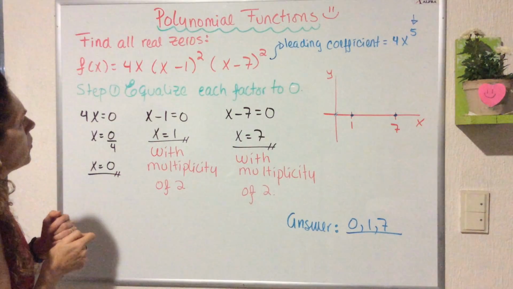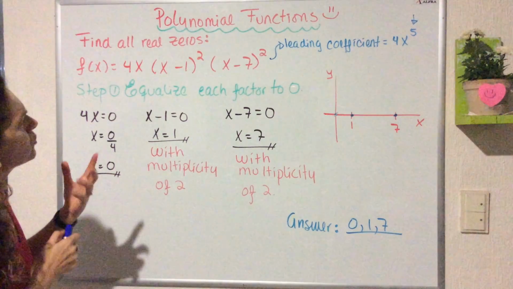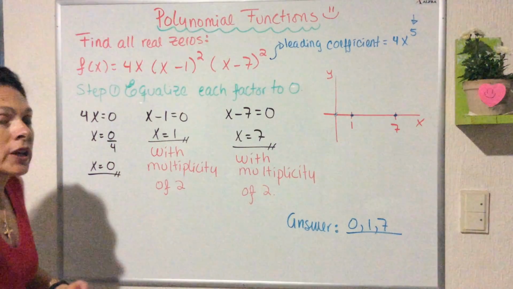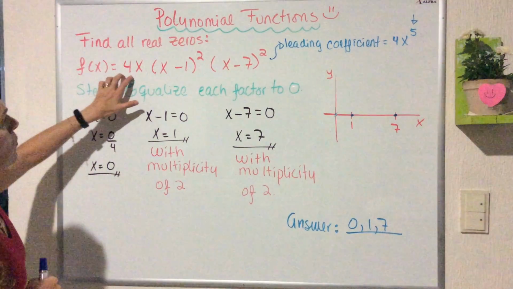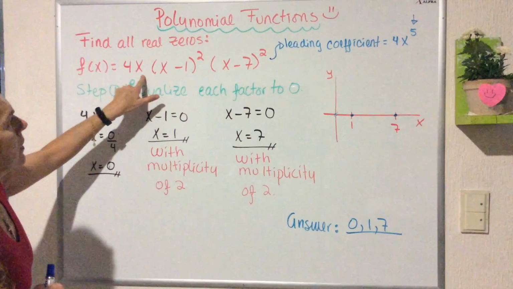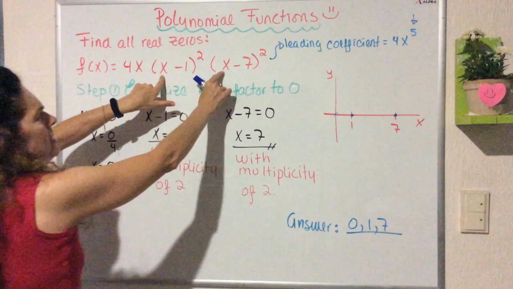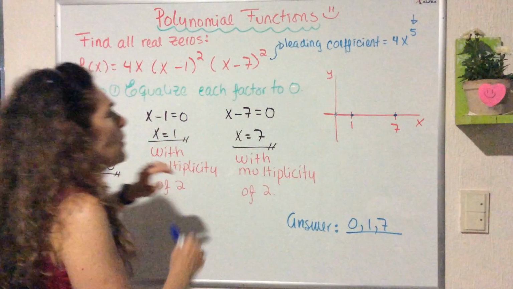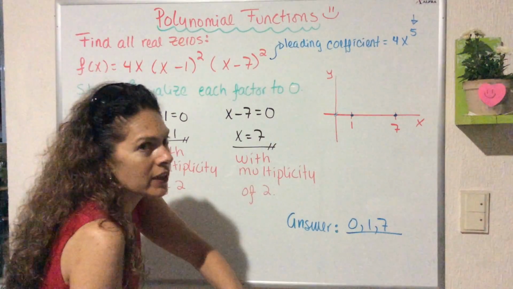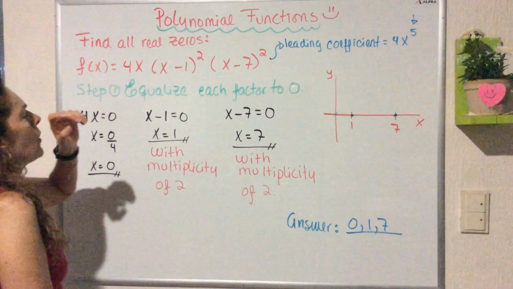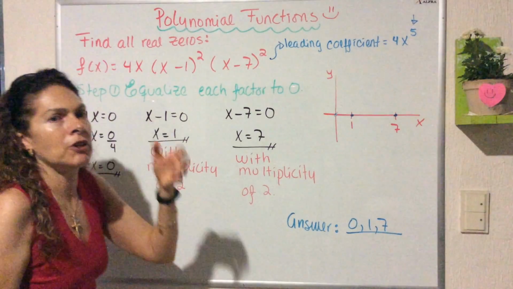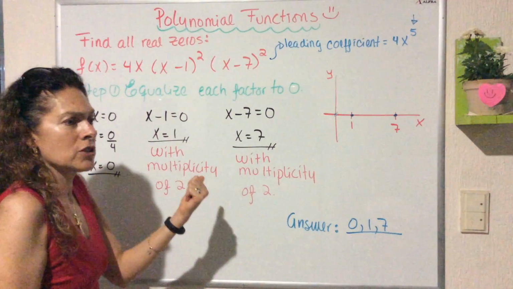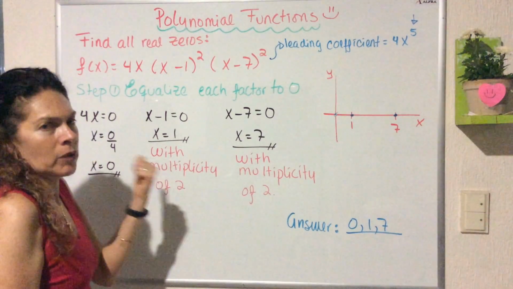In order to know how many roots we have to find, we are going to multiply x times x, because I want to get the leading coefficient. I'm not going to multiply the whole thing, but I just want to get the degree of this function, because when I get the degree, I know how many roots I am going to find in this polynomial function.